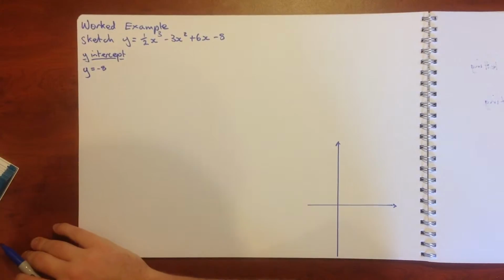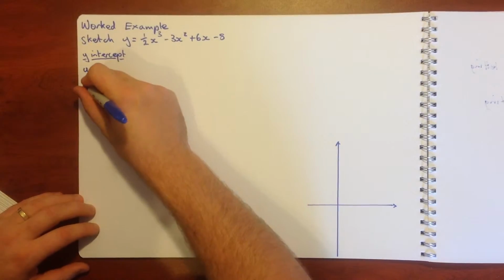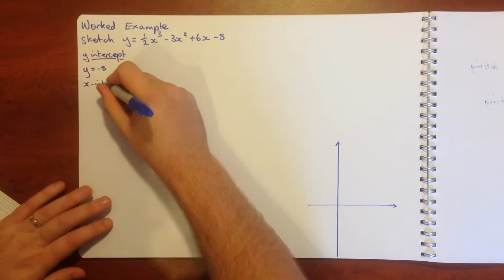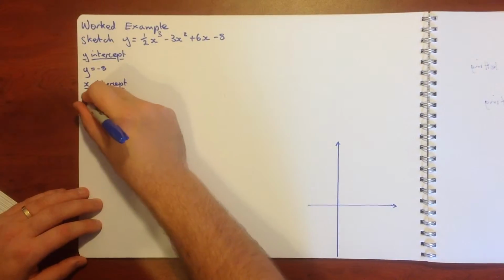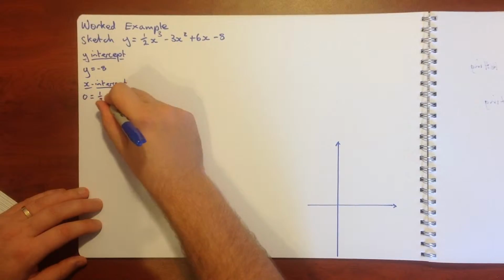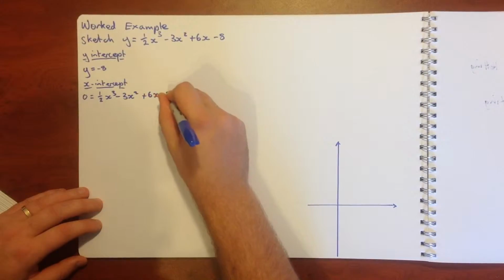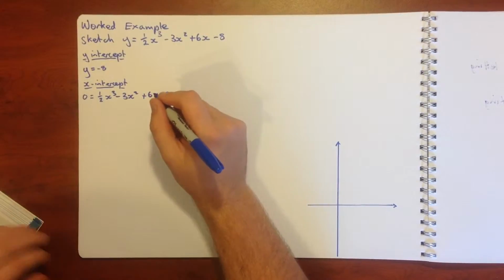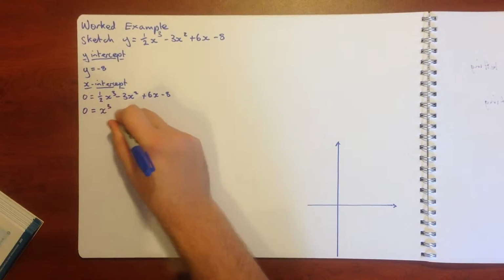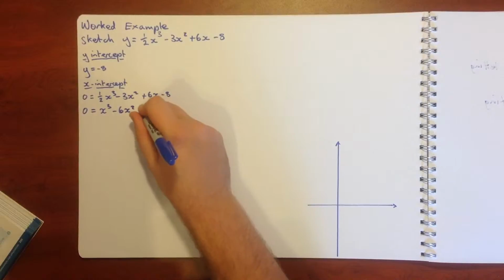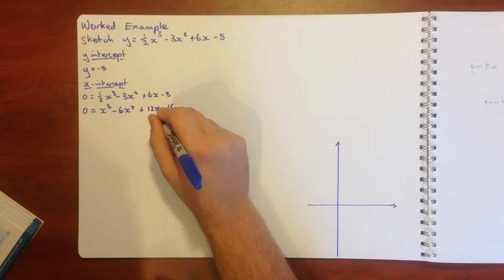Okay, for our x-intercepts, it's when y equals 0. So we're going to say 0 equals a half x cubed take 3x squared plus 6x minus 8. Then we can divide by half and say 0 equals x cubed minus 6x squared plus 12x take 16.